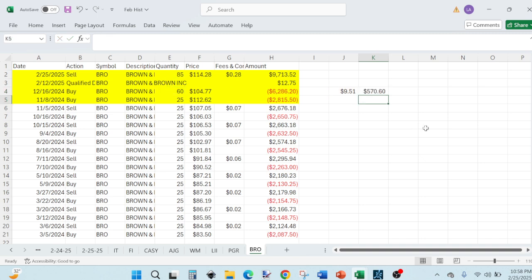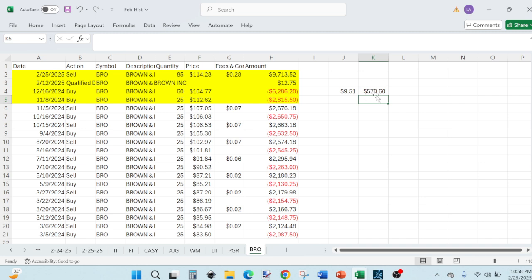So it's 570. So 570 alone on that purchase for almost a 2-month time frame, December 16 to February 25.